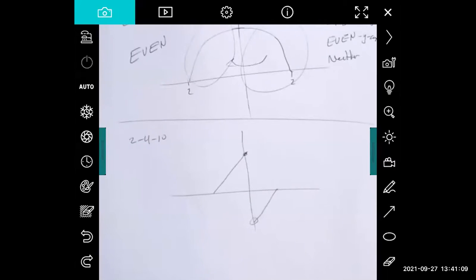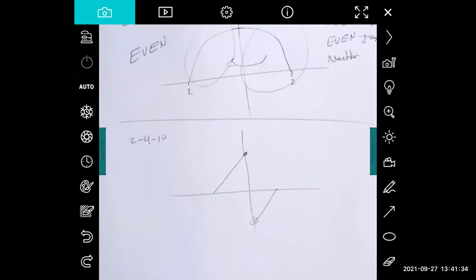That's changing x and y, isn't it? So the answer is no, but not for that reason. For this reason, because notice this is a solid point, this is an open dot. Every point has to have a change of signs.